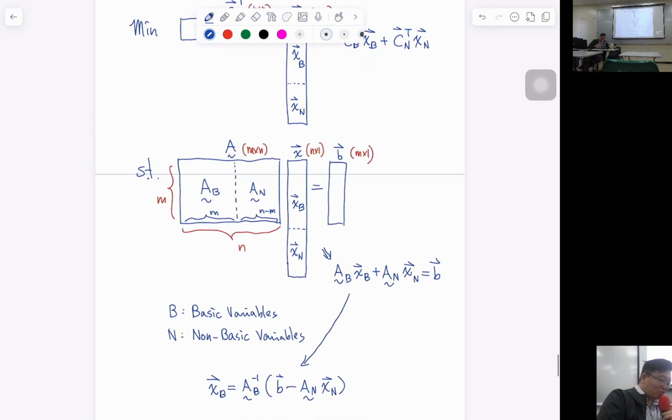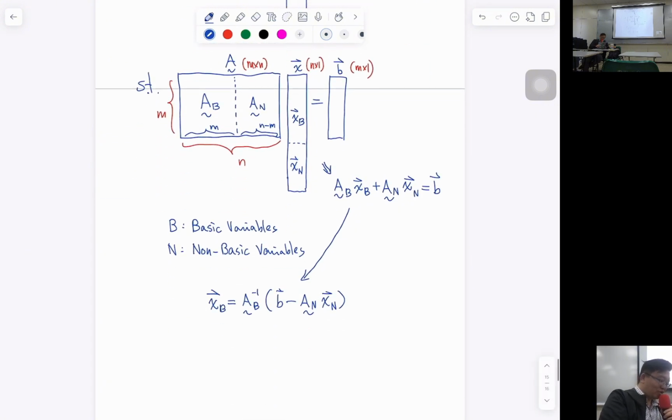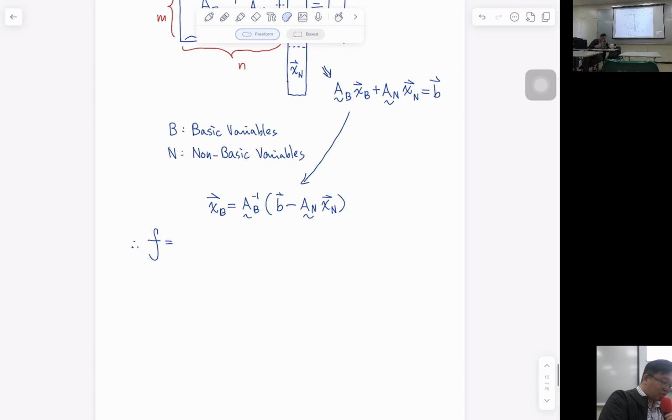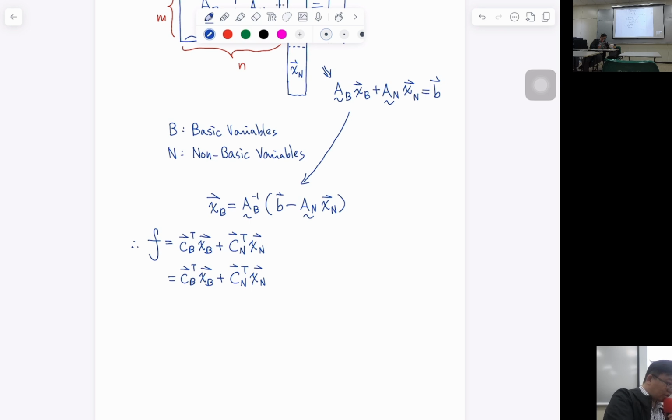We are going to plug this equation back into our objective function. So our objective function now, we already have this part. Copy and then paste it here, and paste it again, and get rid of something here.